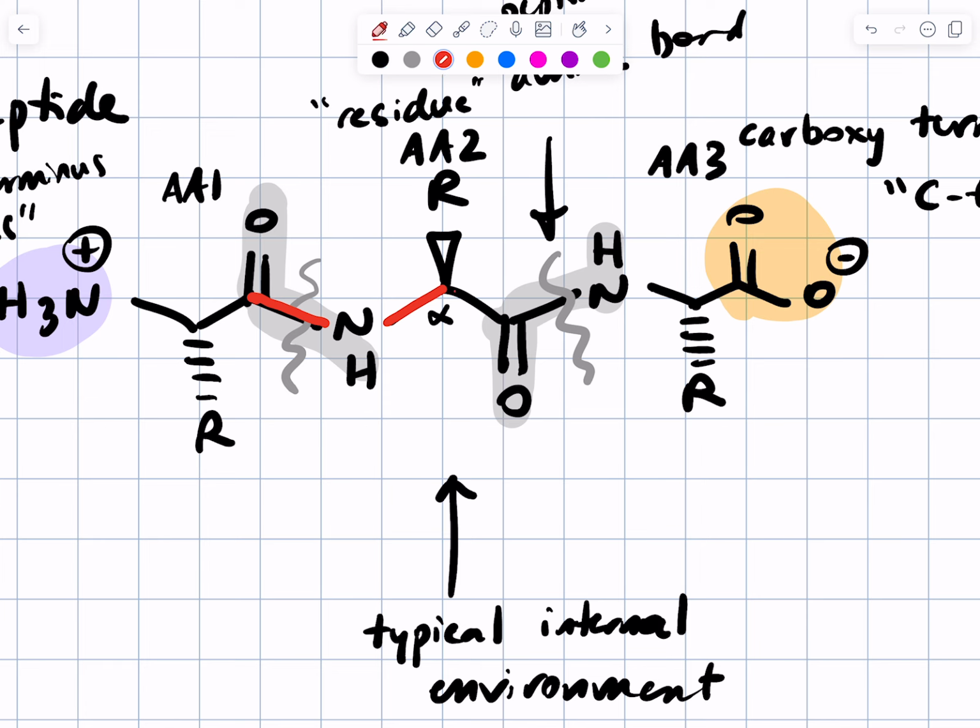And then we're going to talk about the bond between the alpha carbon and the carbonyl carbon. And you can see that a peptide is composed of those three bonds in order and then repeating. Amide bond, N to alpha bond, and alpha to C bond. And so we're going to talk about each of those bonds and explore the conformations that a peptide can adopt about each of those bonds.